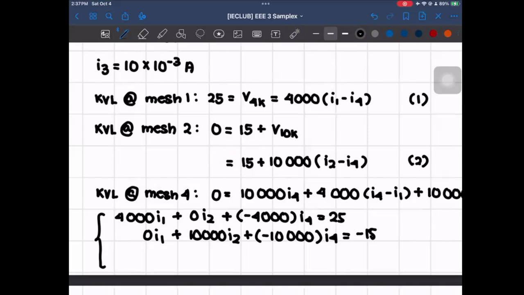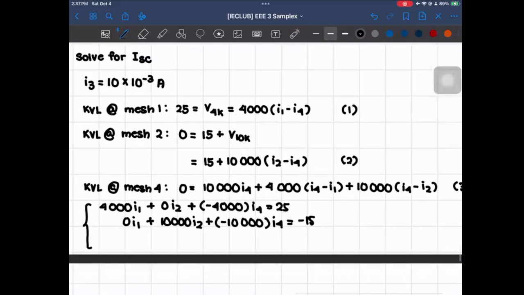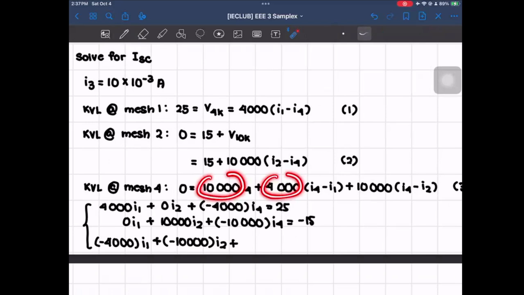And then for the third equation, we do have I1 here. It's going to be negative 4,000 I1, then plus negative 10,000 I2, and then plus, we add all of our I4s, which is 10,000 plus 4,000 plus 10,000, which is 24,000 I4, and that's equal to 0.